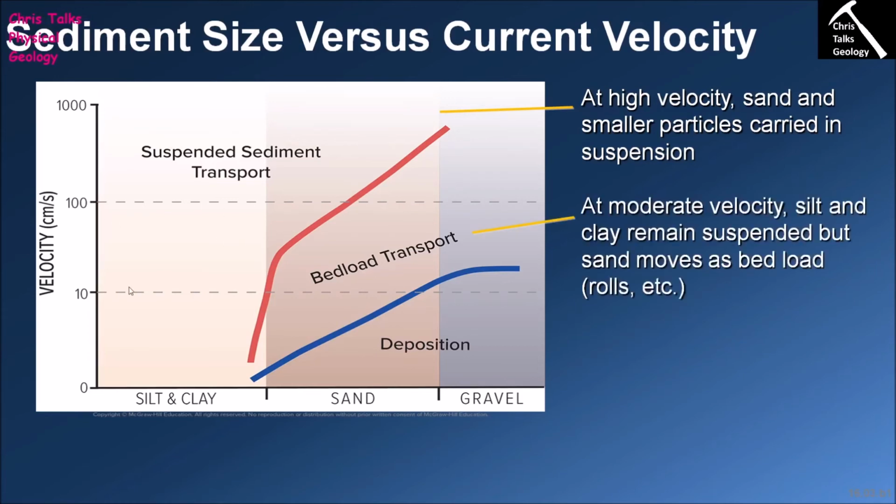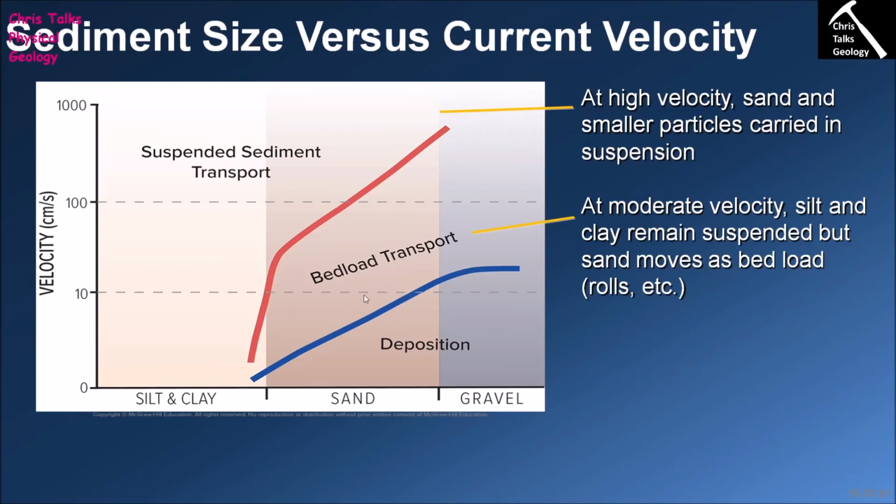At moderate velocity, let's say 10 centimeters a second, we have a change in how the sediment is being transported. At this point, the river only has enough energy to transport silt and clay-sized clasts in suspension, so held within the river water. We can also see that at 10 centimeters a second, the sands are now being transported as part of the bed load.